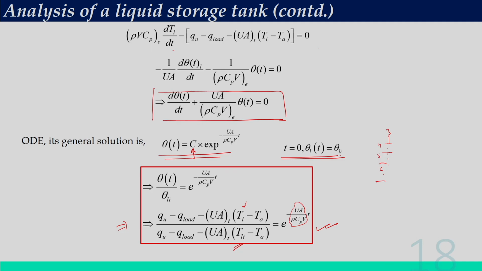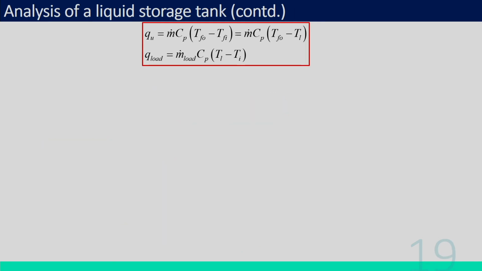Now again we can relate this QU and Q load with respect to inlet and outlet fluid temperature, okay. So for QU, m dot Cp times TFO minus TFI is equal to m dot Cp times TFO minus TL, and for the load, m dot load, that means m dot Cp, this is TL minus Ti. So Ti may be T ambient, okay.